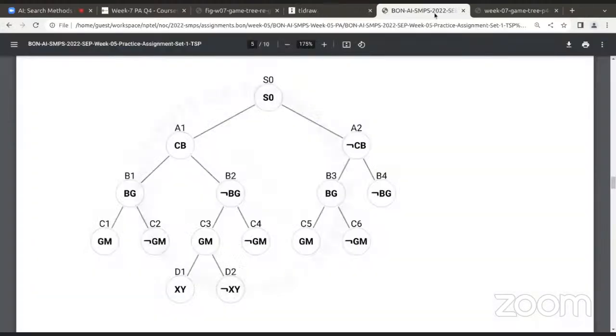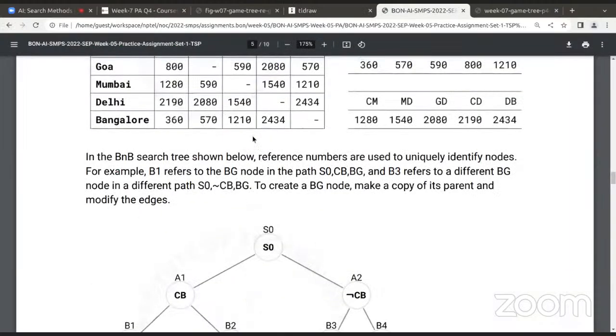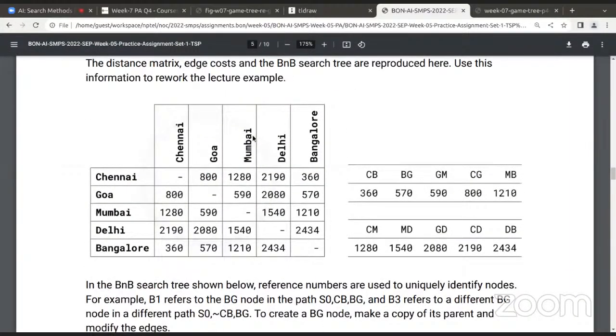See, this is 5 cities, right? So what are the cities? I'll write it in some random order. CGMDB.